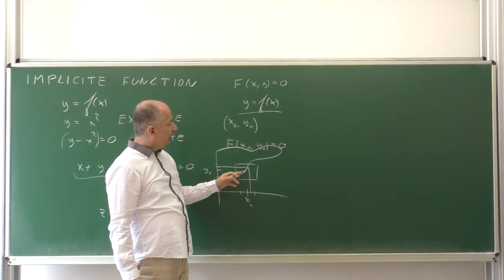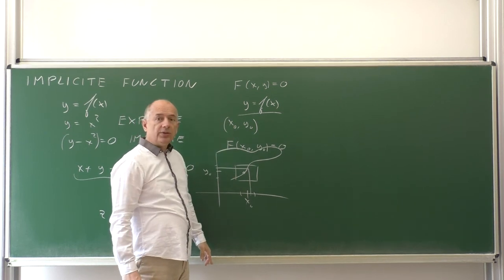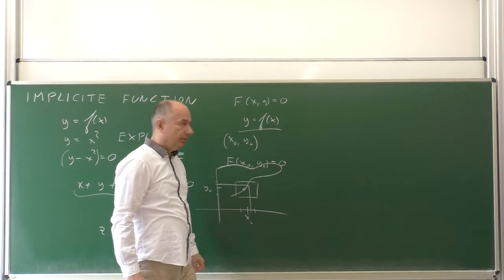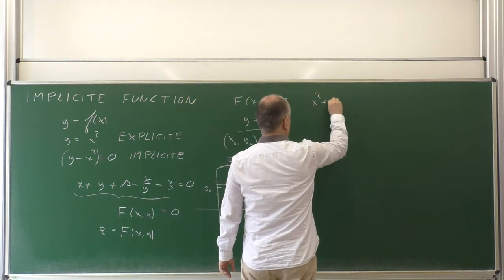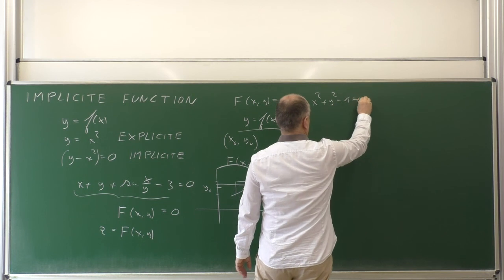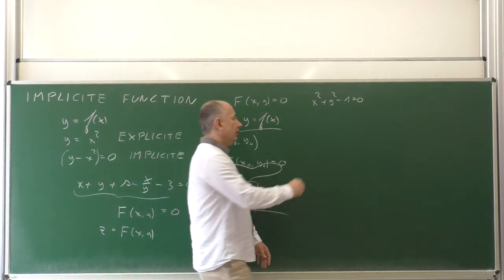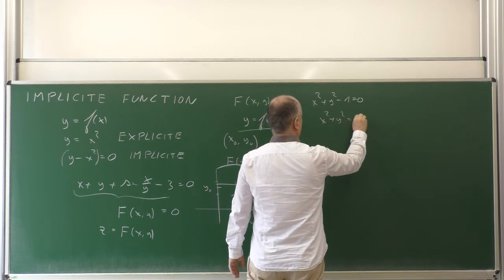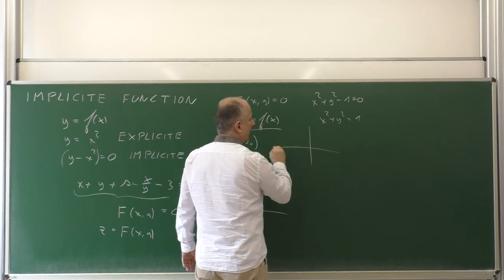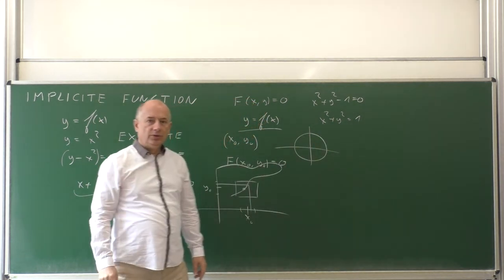Let us consider a few examples when the implicit function exists, and some examples where it does not. Consider the equation x squared plus y squared minus 1 is 0. If you rewrite this into the form x squared plus y squared is 1, then you recognize that this equation is the equation of the unit circle.